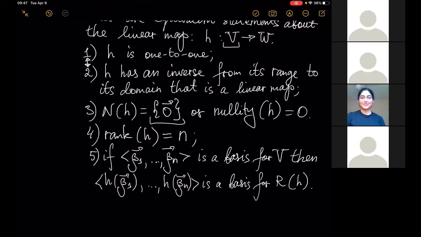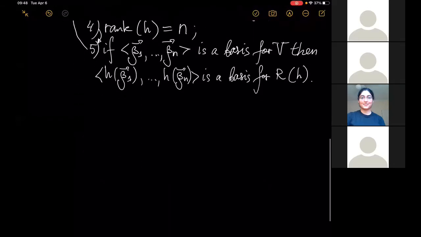And then we will show that from 1, we can go to 3, from 3 to 4, from 4 to 5, and from 5 we can go to 2. So again, we are just doing a loop of statements. Okay, proof.